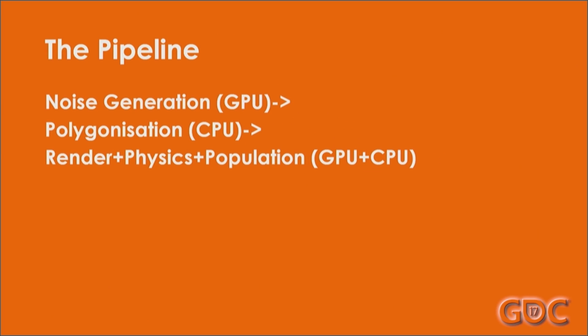That all goes into some voxels, then we polygonize it, then that goes to render, physics, population, that kind of thing. Ines did a good talk earlier, and it's way more complicated than that, but I don't understand it all. I'm just going to talk about the noise generation.